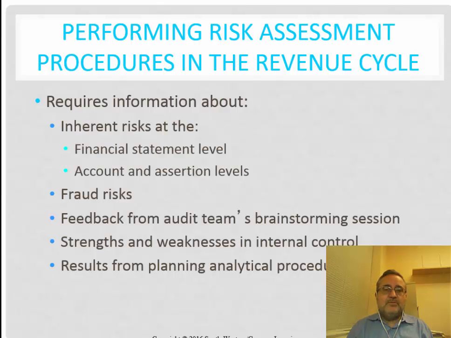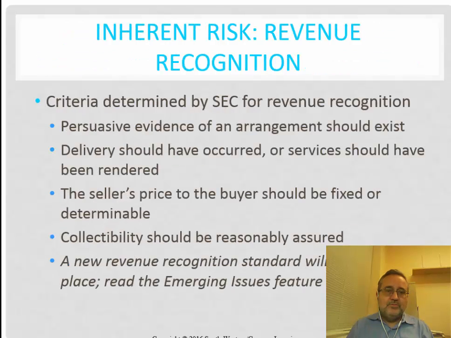So in this planning process, where we are assessing the risk of material misstatement, we are gathering evidence related to inherent risk, evidence related to fraud, and evidence related to the control structure within the organization. Once we have this, we as an audit team need to get together and brainstorm in terms of what are the strengths, what are the weaknesses, and we also include the analytical procedures in this, and based upon this information we determine the risk of material misstatement.